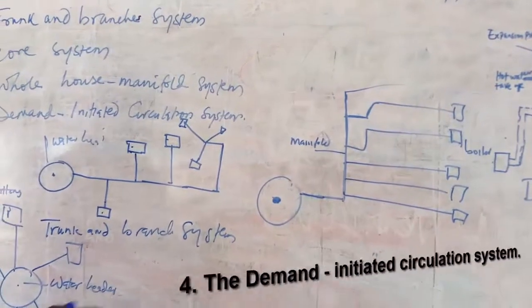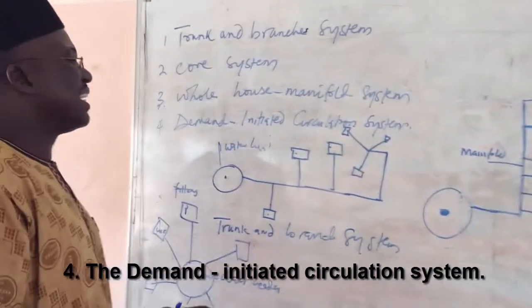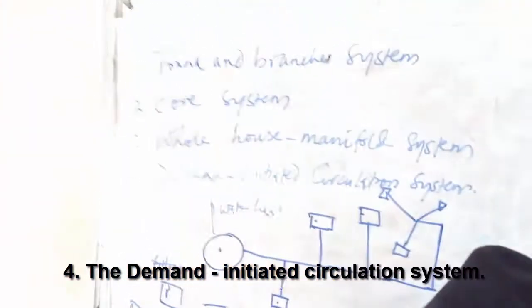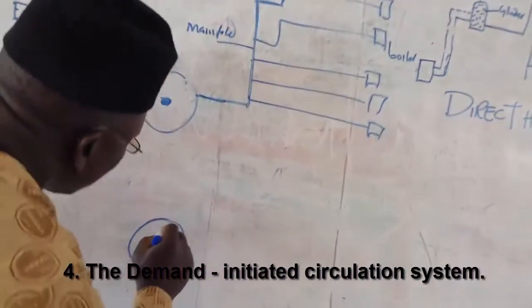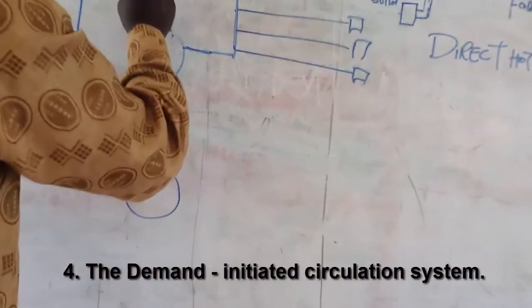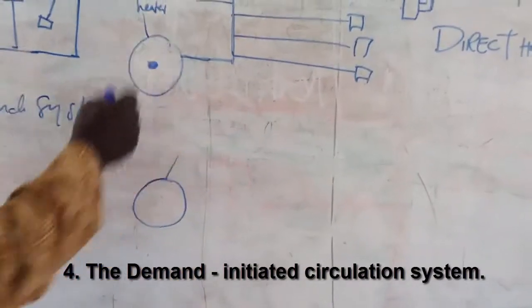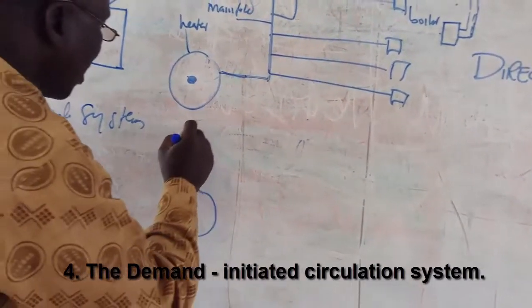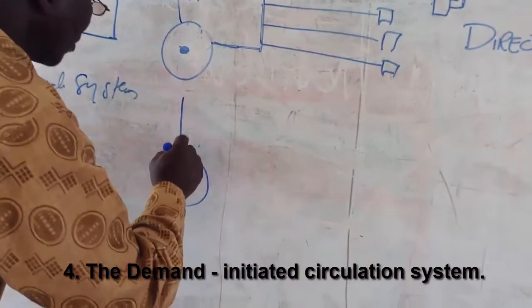Lastly, we have what is called the demand-initiated circulation system. In the demand-initiated circulation system, we have a water heater here. What it does is that it makes a circulation.